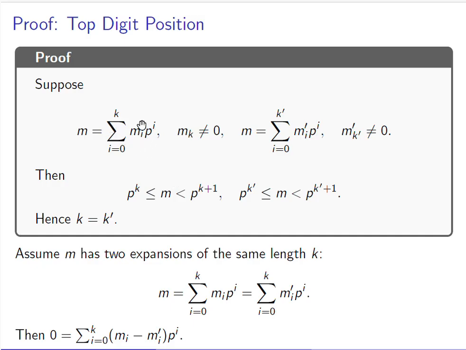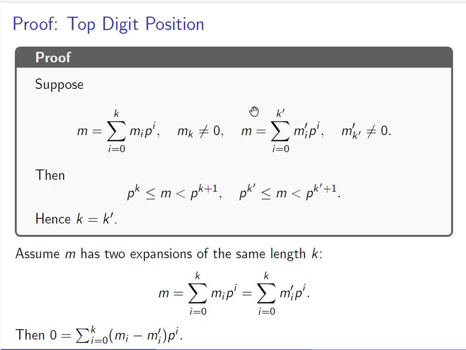But also, look at this expansion here, because we assumed that mk is not equal to 0. So mk p^k is part of the summation we have to get m. So m is, well, not strictly, but m is greater than or equal to p^k. Okay, so m is between p^k and p^(k+1).